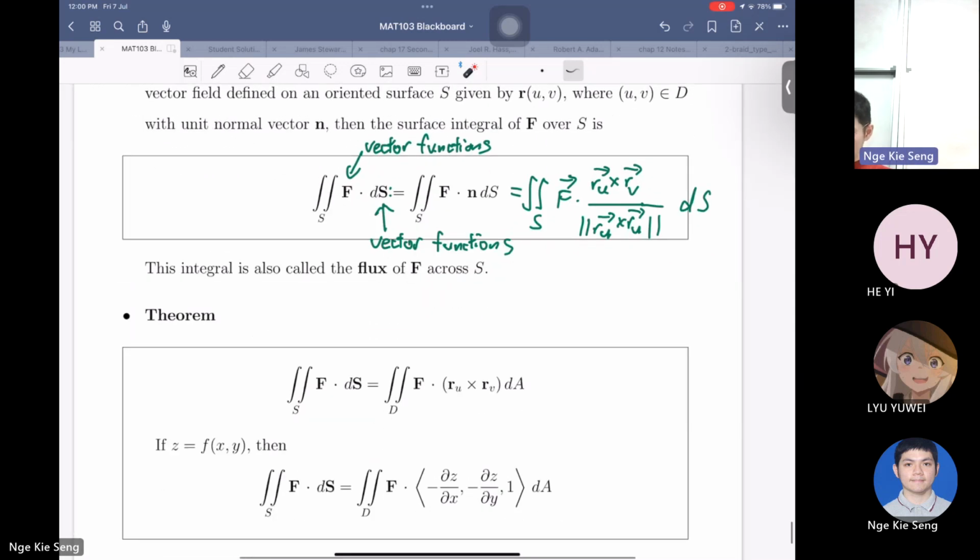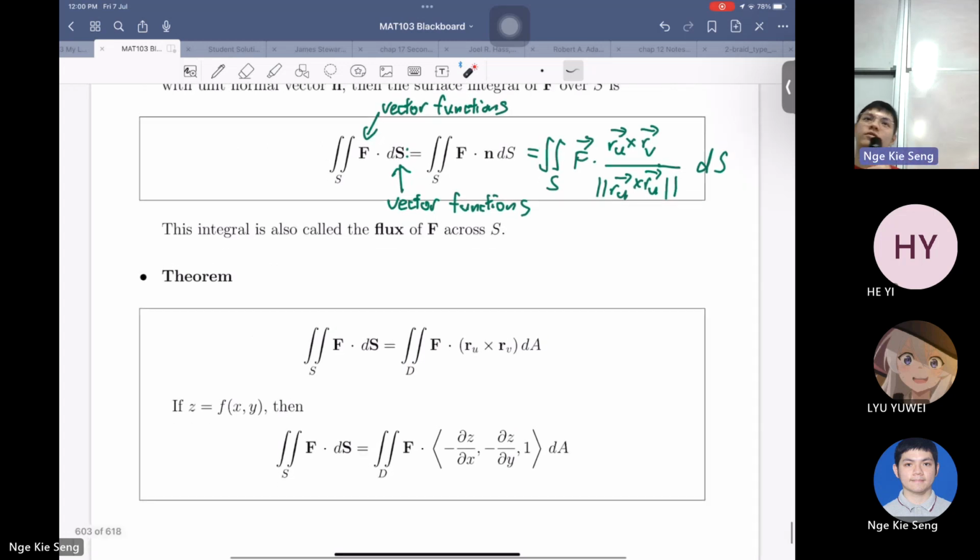So the theorem here is, if you want to compute a flux integral, actually you just need to dot with the normal vector. You don't need to divide by the length. Why is it true? Why can I throw away the length? Why does the length get cancelled?